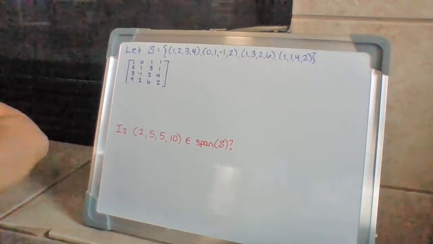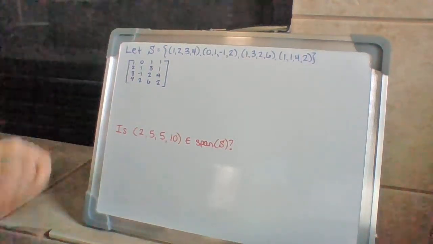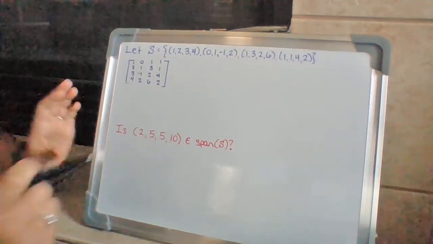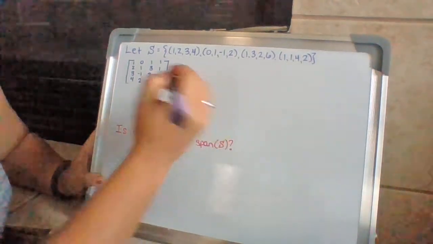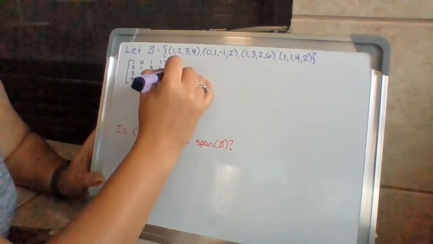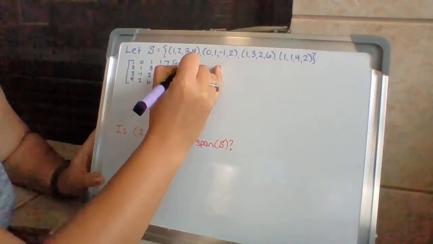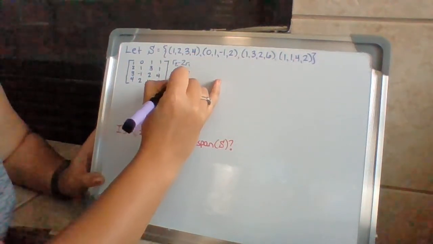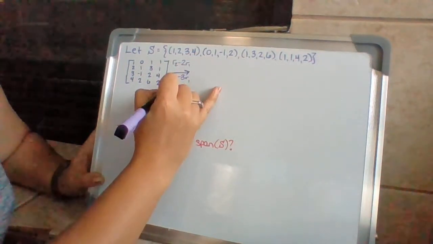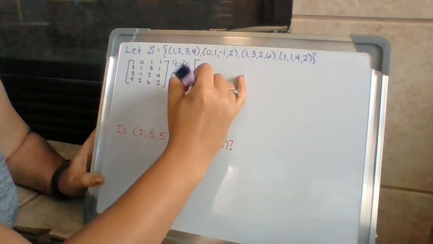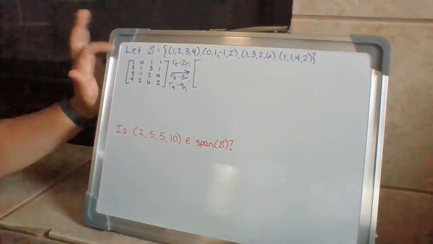Using that now, let's say I have this set of vectors. I'm going to go through and do some real quick row reductions. I'm going to take row 2 minus R1, row 3 minus 3R1, row 4 minus 4R1, and I can do all of those at the same time because R1 isn't changing.